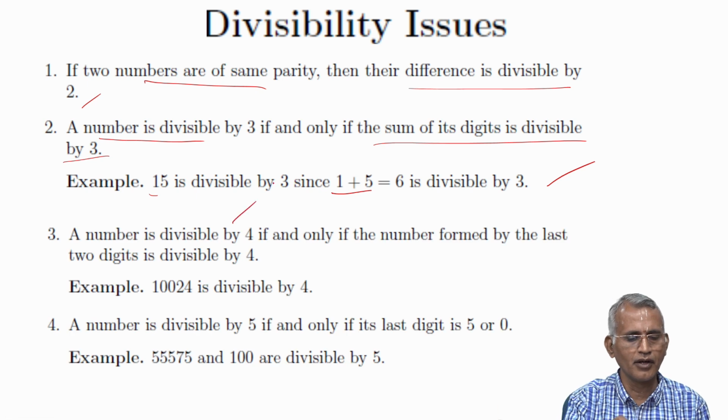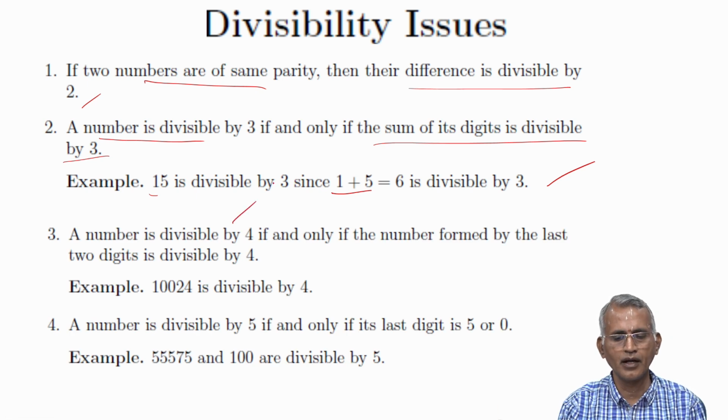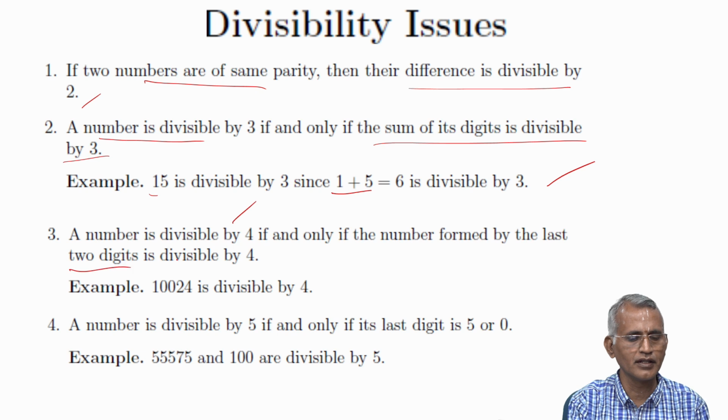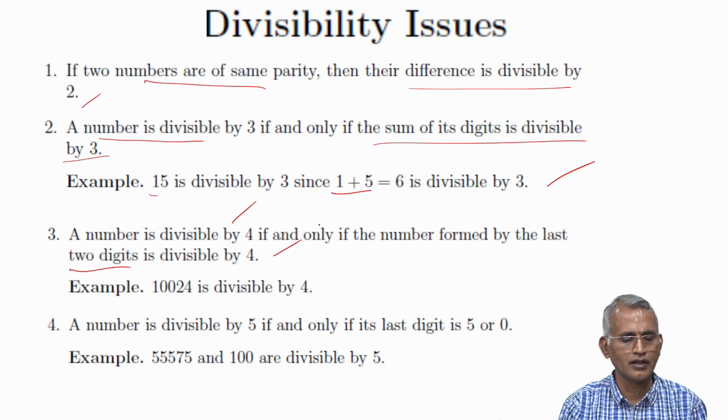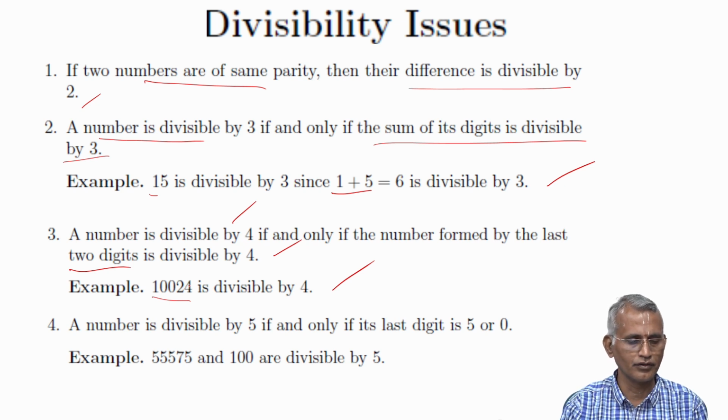A number is divisible by 4 if and only if the number formed by the last two digits is divisible by 4. For example, take 10,024: the last two digits, 24, is divisible by 4, therefore it is exactly divisible by 4. That is the meaning of taking the last two digits, and it definitely works.